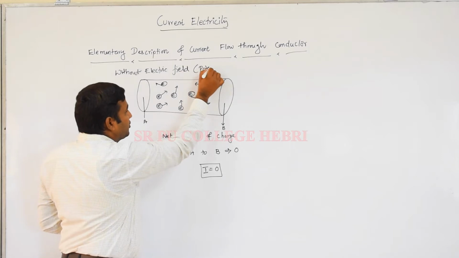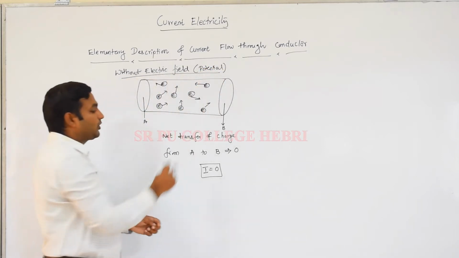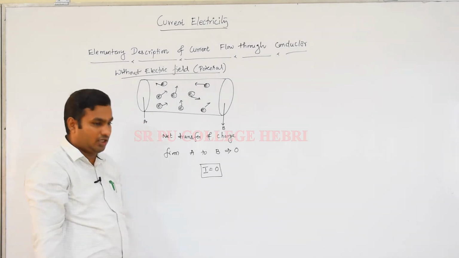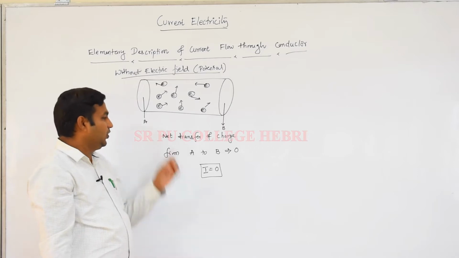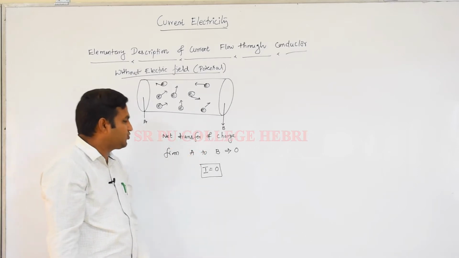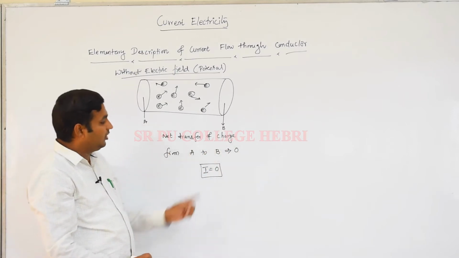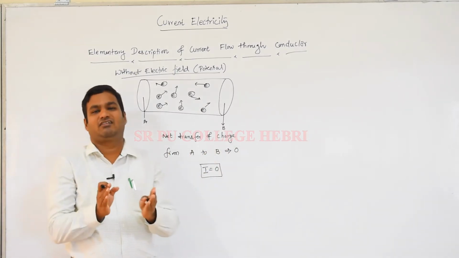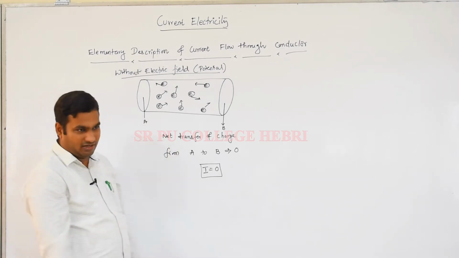Without an external electric field, remember this, without an electric field or potential between the ends of a conductor, no electrons or charged particles move from one end of the conductor to the other, so the net transfer of charge from A to B is equal to 0. Then we come to know that the electric current in the system is equal to 0. There is no electric current.